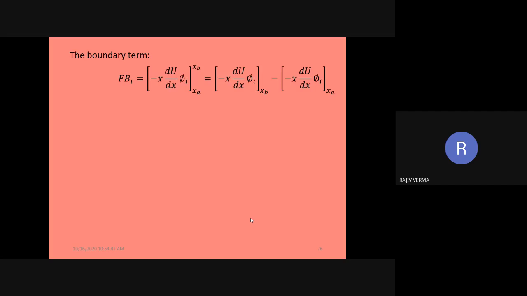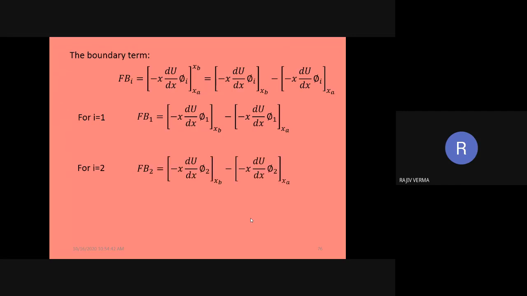This is x multiplied by du by dx into phi I to be evaluated at xb, and x multiplied by du by dx into phi I evaluated at xa, and then we are taking the subtract of these two. For I to be 1, this expression is going to be what is on the display. Similarly, for I to be 2 and for I to be 3.